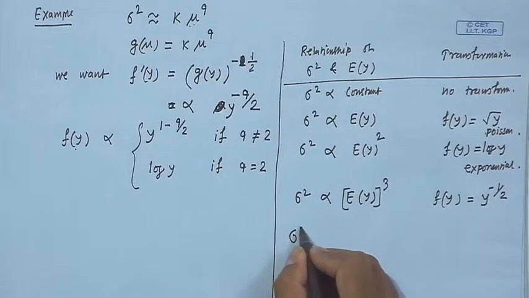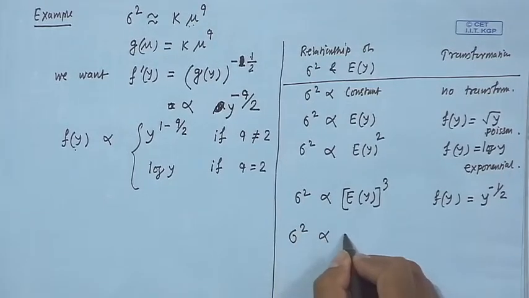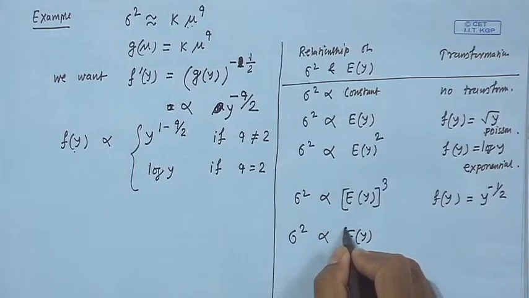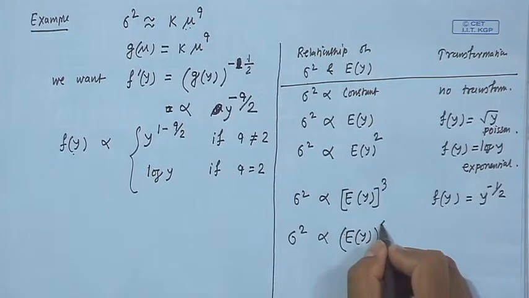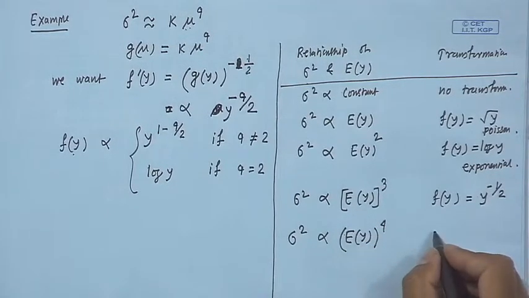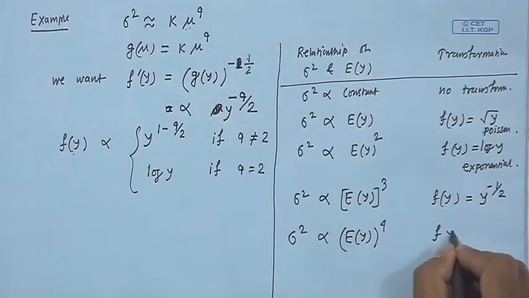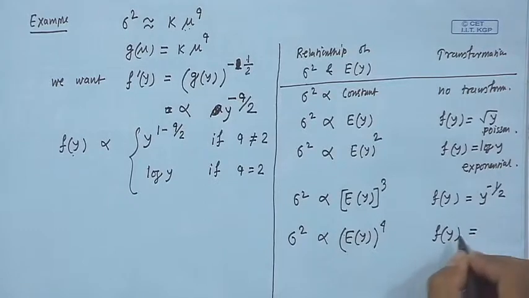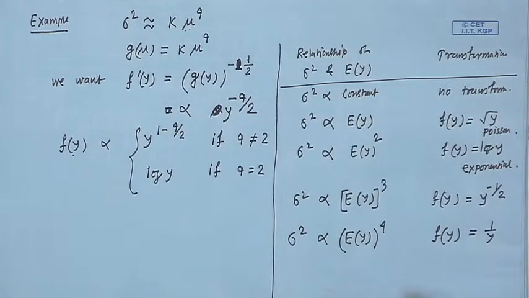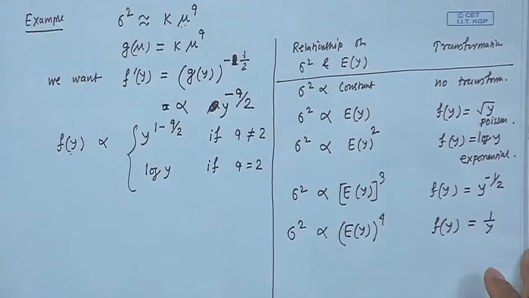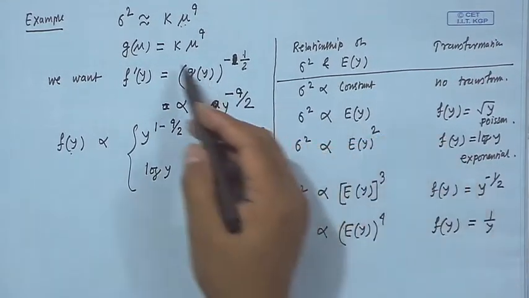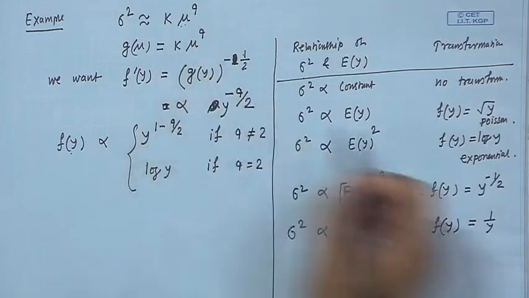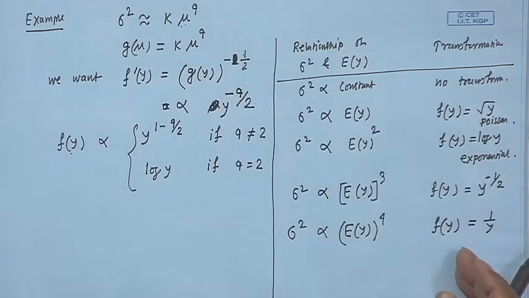Similarly, if sigma square is proportional to expectation of y to the power of 4, then f(y), the transformation you have to take on y to make it constant variance, is 1 by y. I mean, if the function g(mu) is of this form, you can find the transformation very easily.